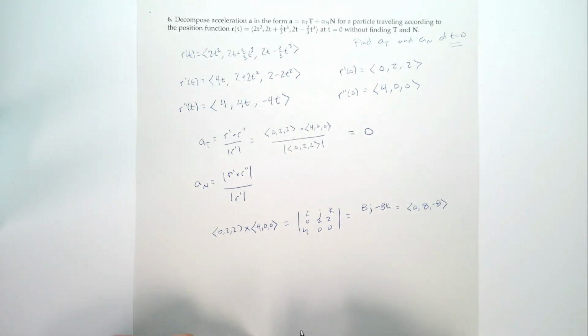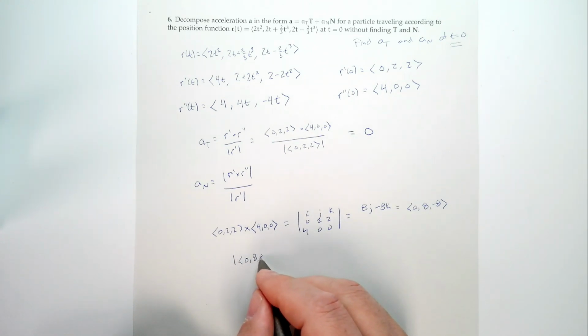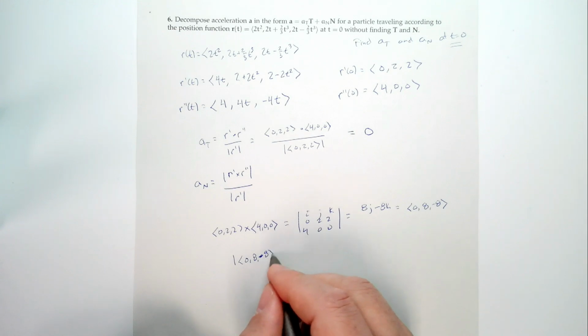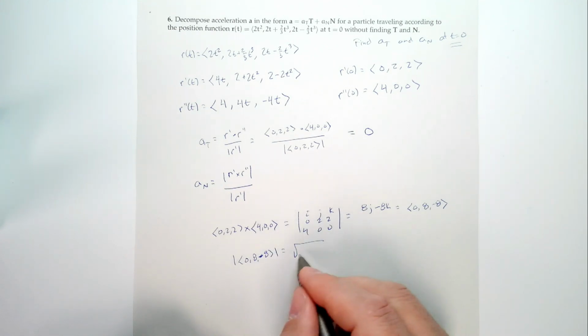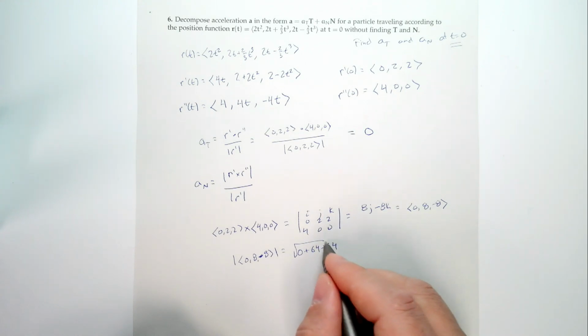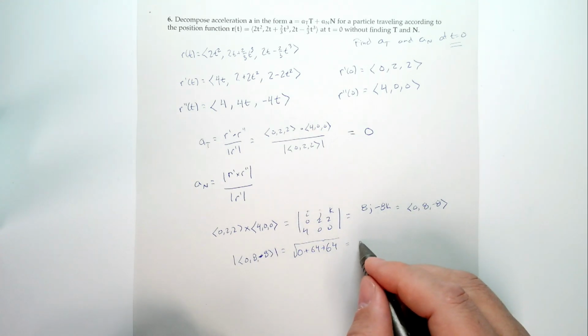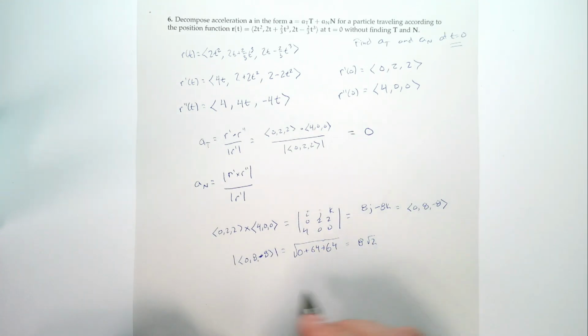All right, so now what? Well, what's the magnitude of 0, 8, and negative 8? Well, that's the square root of 0 plus 64 plus 64. Now, really, you can pull out the 64, and all the way out becomes 8 and the square root of 2. Now, downstairs, magnitude of r prime, 0, 2, 2.